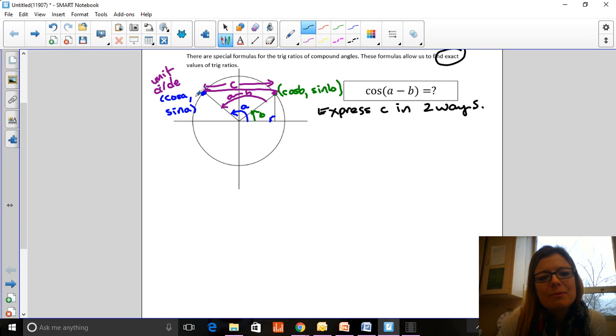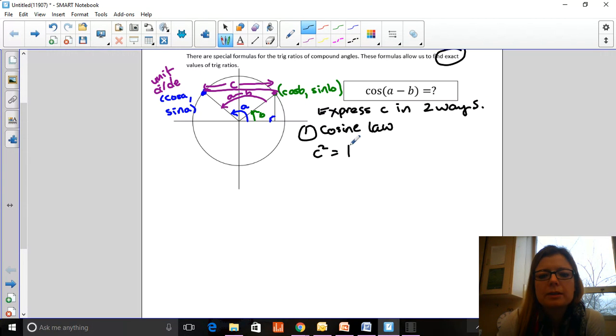All right, so the first way we're going to express C is using the cosine law. If you see, we have a triangle here to here with C across. The cosine law says that C squared is equal to the length of this squared, which since this is a unit circle, is just 1.